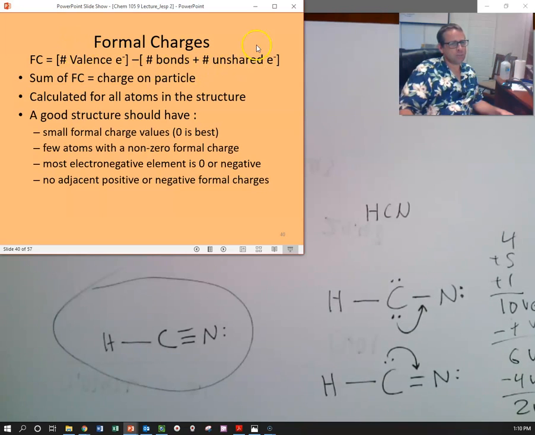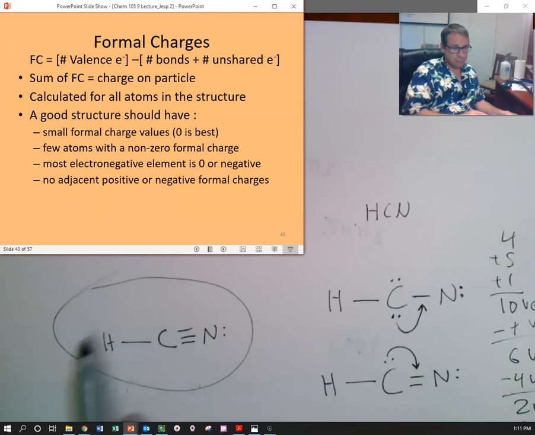Formal charges are the difference between the number of electrons that it brought to the party minus the number of electrons that it has right around it, because all atoms are going to have 8 available to them, unless it's hydrogen, then it's going to have 2 available to it.